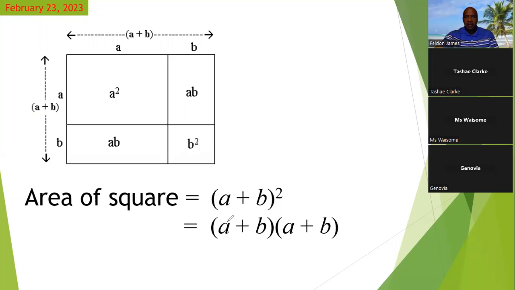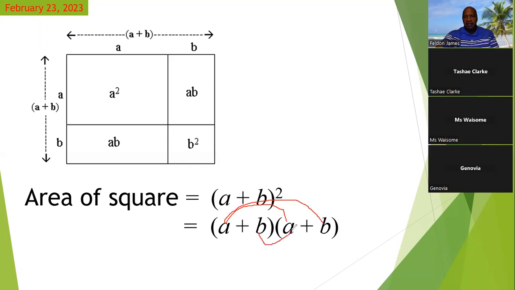And so we would multiply distributively, take each term in the first bracket to multiply all the terms in the second bracket in the distributive form. And so we would start out by saying A times A, A squared, plus A times B, AB.